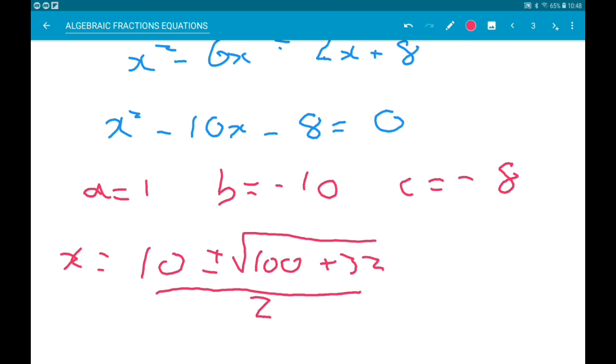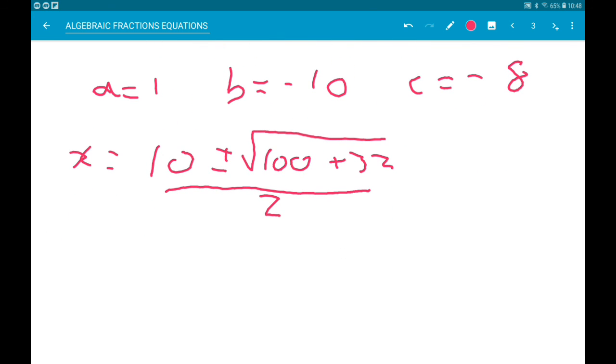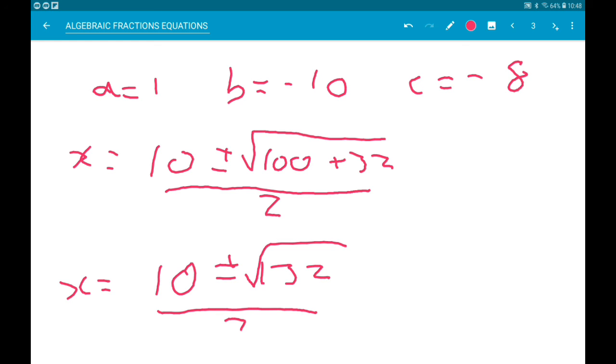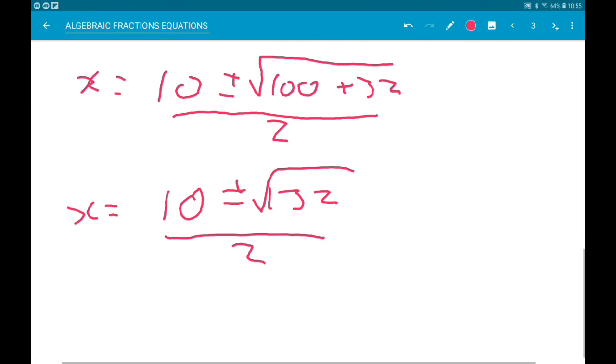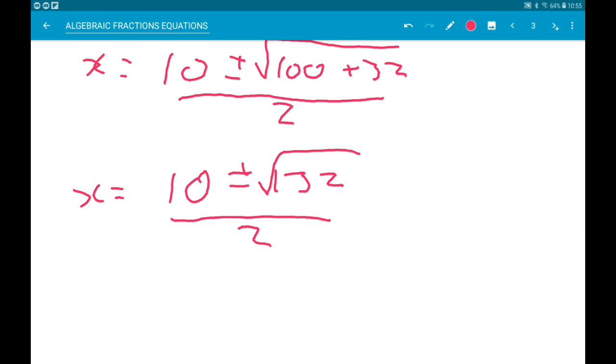So x then is 10 plus or minus root 132 all over 2. At this point, we need our calculators. For 2 decimal places, we should get x is minus 0.74 and 10.74.